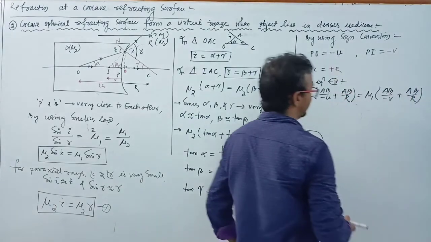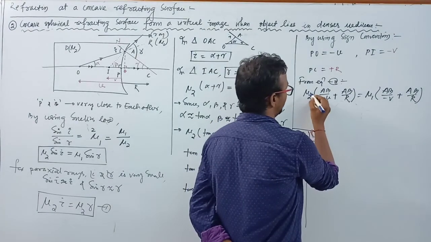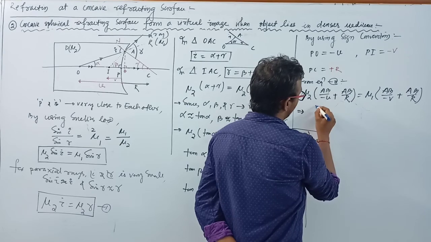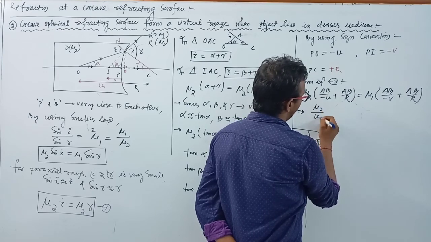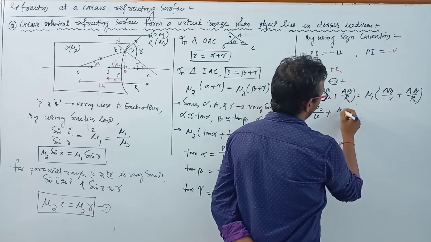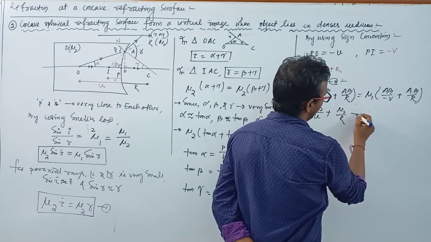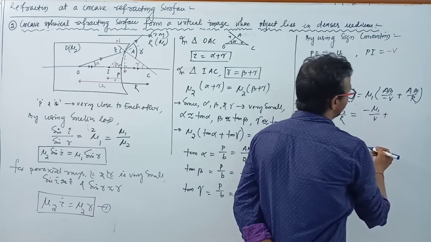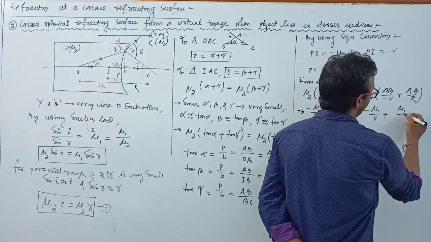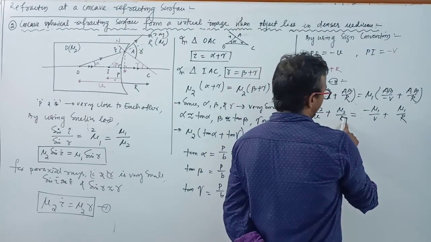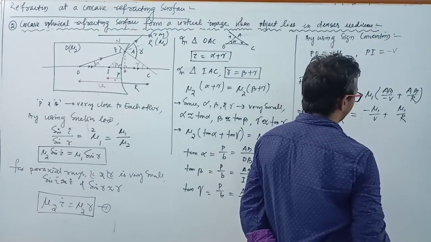AB on both sides cancels, because it is a common term, so the remaining part can be written as mu 2 by U, with a negative sign, then plus mu 2 by R equal to minus mu 1 by V plus mu 1 by R. Now rearrange the terms, radius of curvature and radius of curvature.